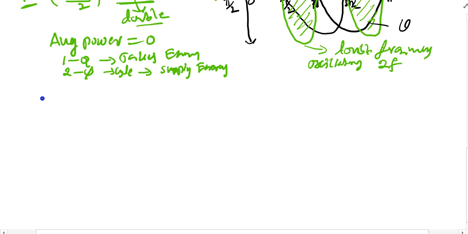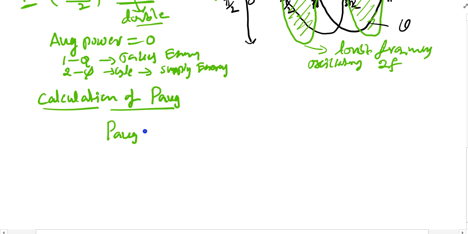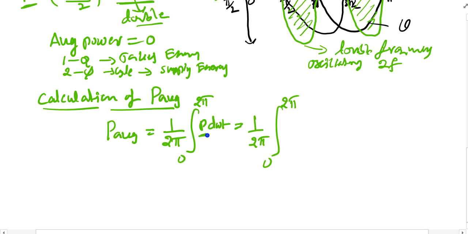Calculation of P average: we'll see whether zero comes or some other term comes. The average power is 1 by 2 pi, integral from 0 to 2 pi of p d omega t, where the instantaneous power is Vm by 2 sine 2 omega t, into d omega t.